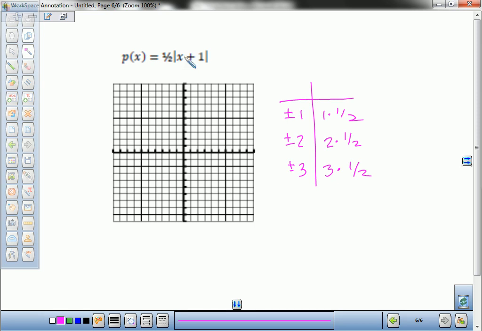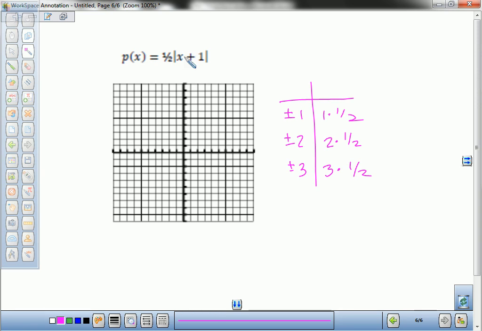If I were to squeeze down on my hands, they would go out. That's what compression does. Versus a stretch, if you were to pull my hands up, they get narrower, closer together. So when it's bigger than 1, your V is more narrow, and when it's less than 1, your V is wider.